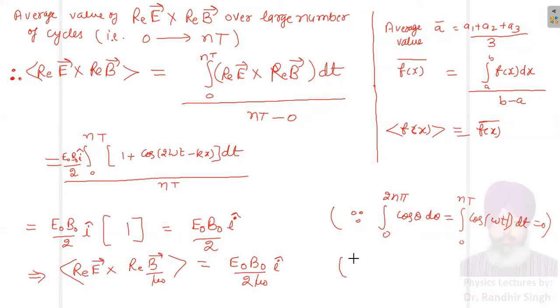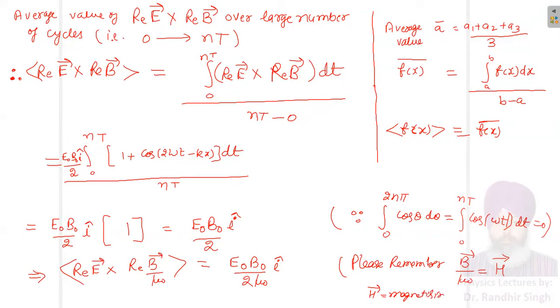Please remember the following result: B vector upon mu naught is actually H vector, that is, magnetizing force.